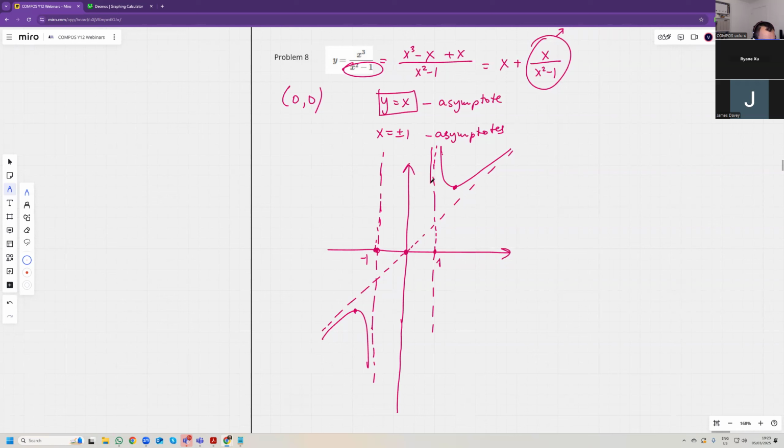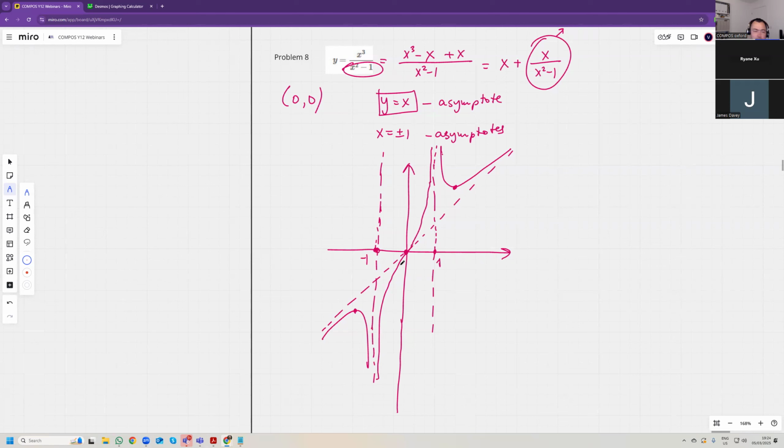It doesn't change sign, does it? At 1. All right.